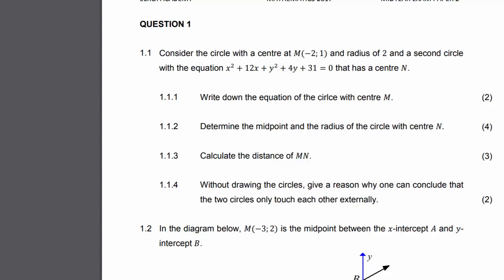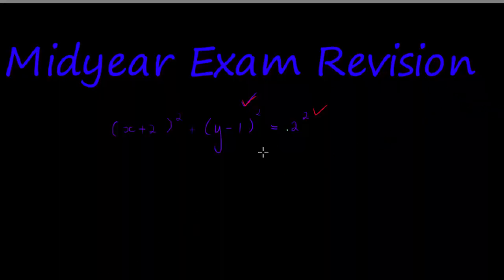Next question, determine the midpoint and the radius of the circle with center N. You'll see we have this equation, so we must find the center and the radius, and the way we would do that is by writing it in this form.